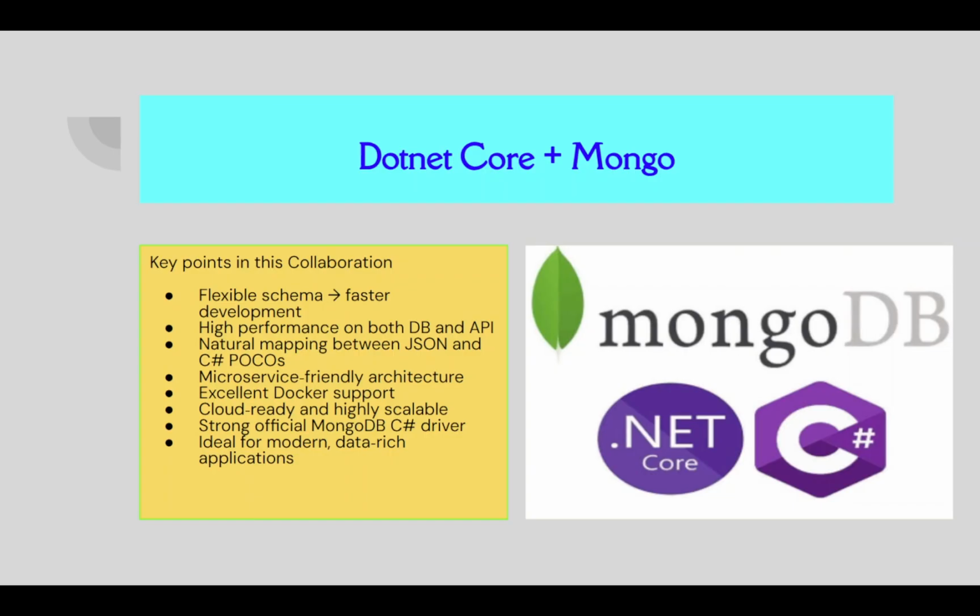For .NET Core, you can use Visual Studio or Visual Studio Code, and we have built-in dependency injection in .NET Core, and strong community packages. Both MongoDB and .NET Core have very powerful tools, which make developer life easy, and you can work on a productive workflow.